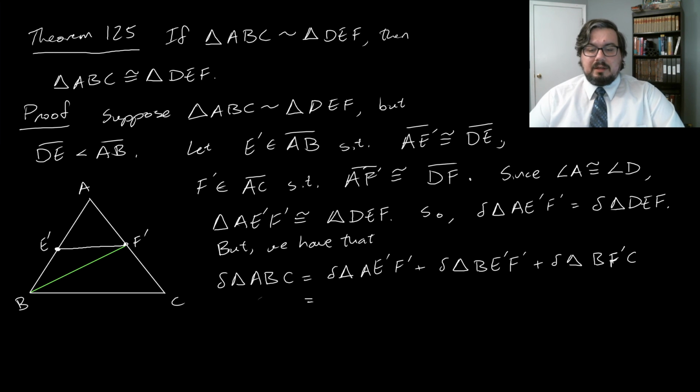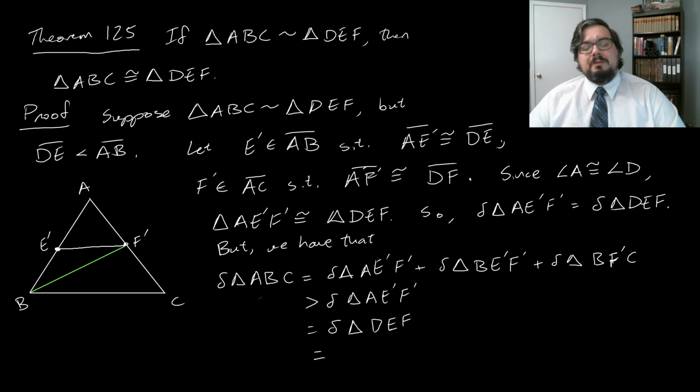We're told that this is equal. We don't know what the defects of the other two triangles are, but we know that the defects are non-zero, which means this is greater than the defect of triangle A, E prime, F prime, which equals the defect of triangle DEF.